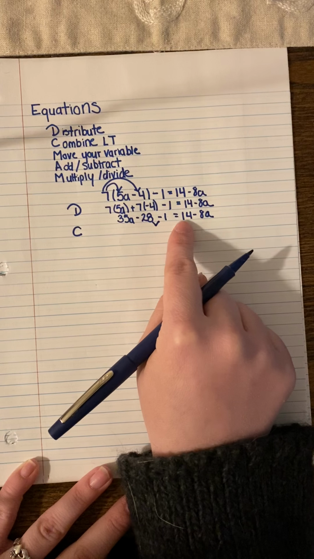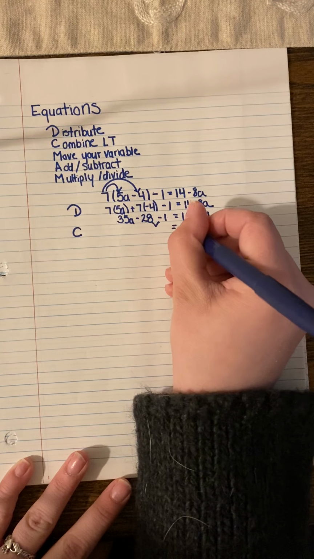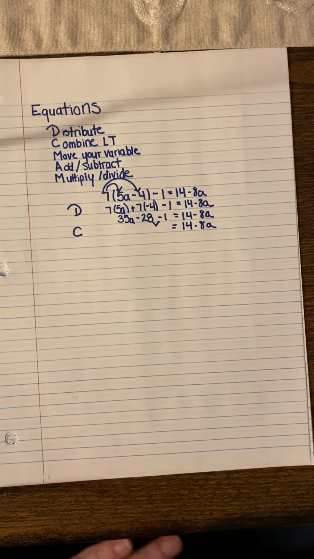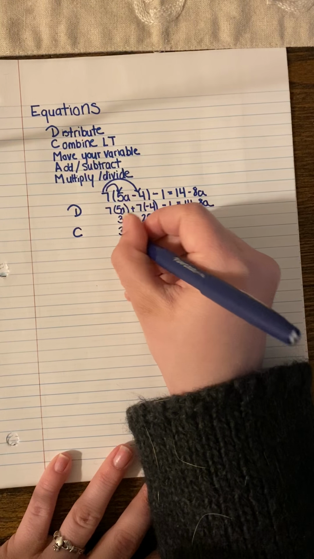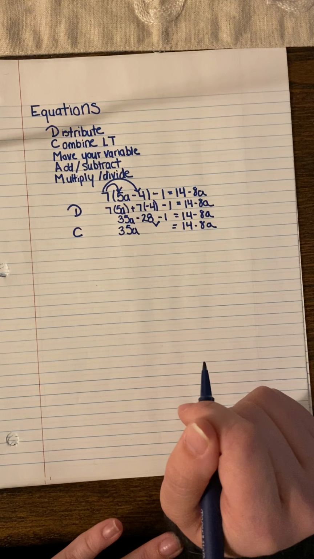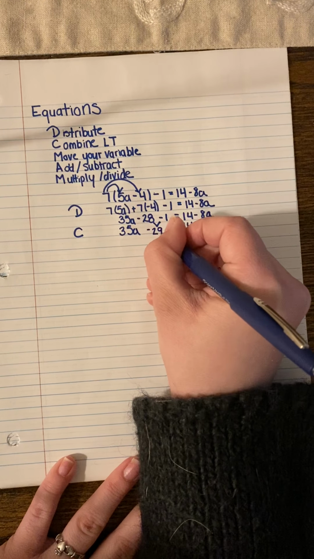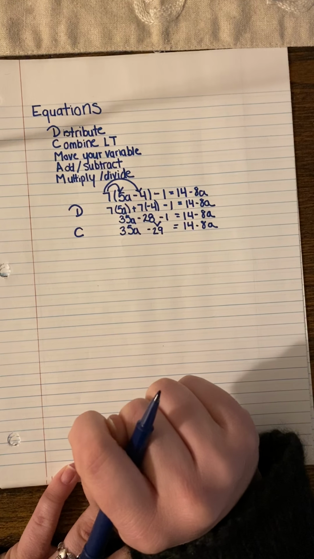I don't have more than one constant or variable on this side, so I'm just going to bring down what was left. Okay, so I'll bring down my 35a. When I do negative 28 minus 1, I get negative 29. Okay, so this is what I get when I combine my like terms.